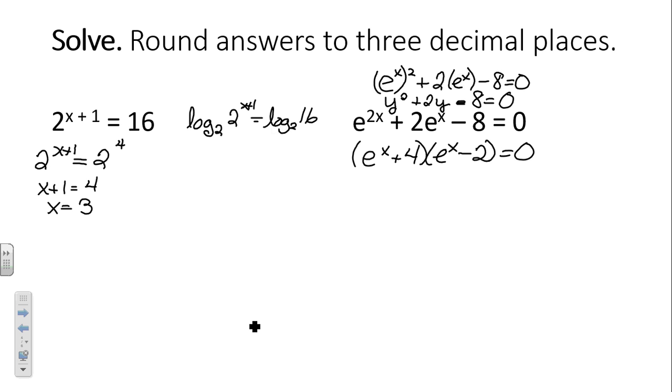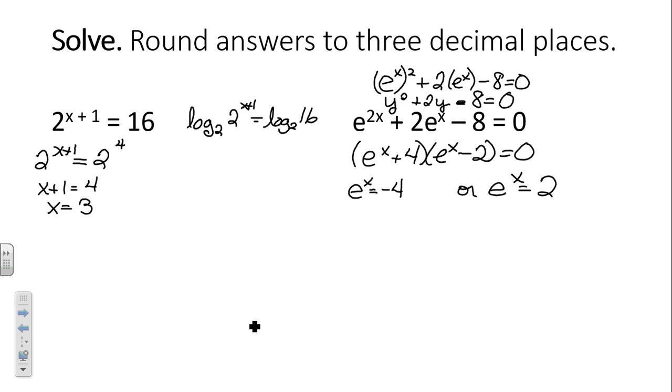Make sense? Okay. So what makes our first parentheses equal to 0? E to the x has to be negative 4. What makes our second parentheses 0? Positive 2. Because e to the x minus 2 is the factor.